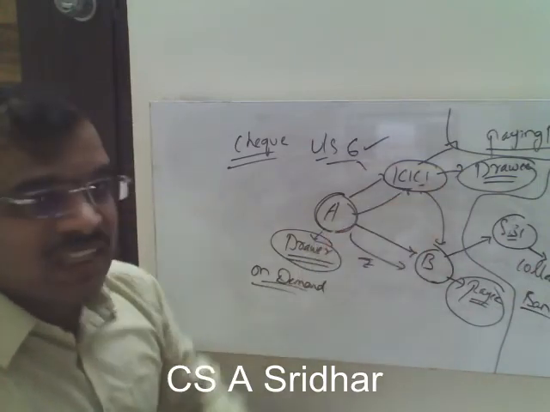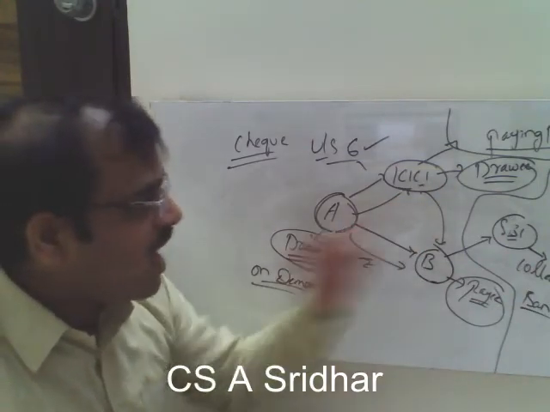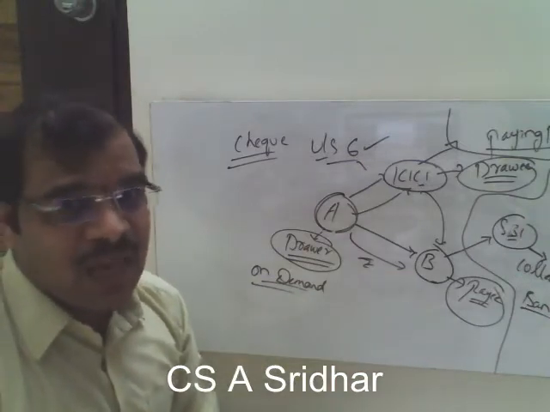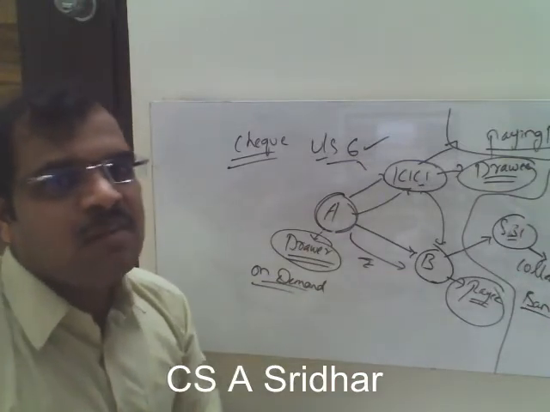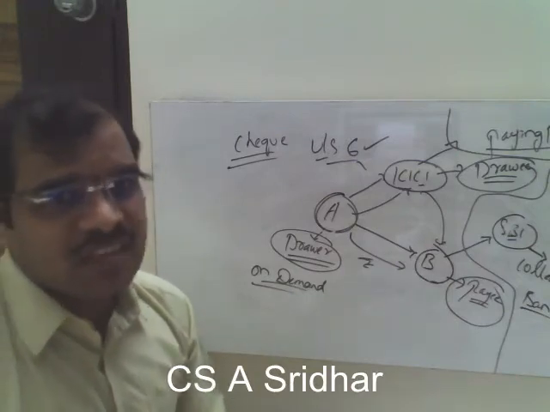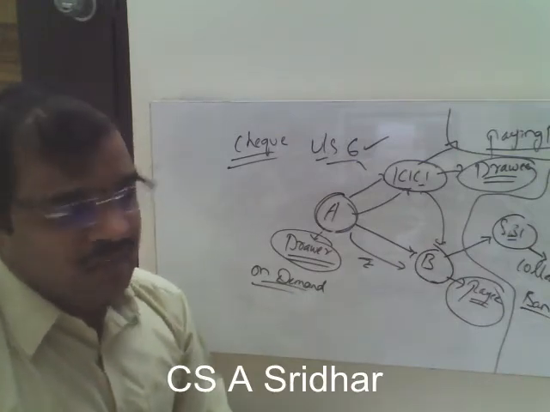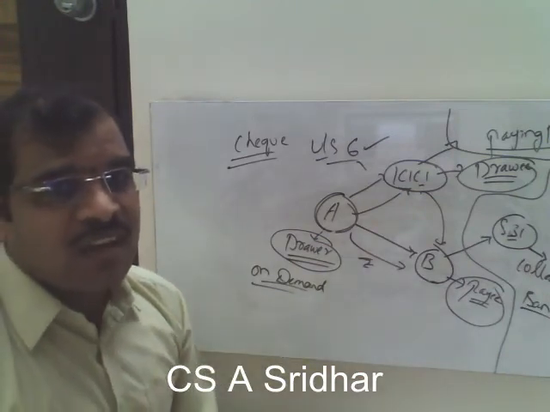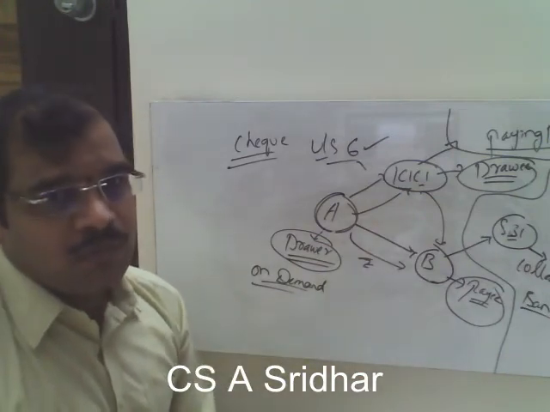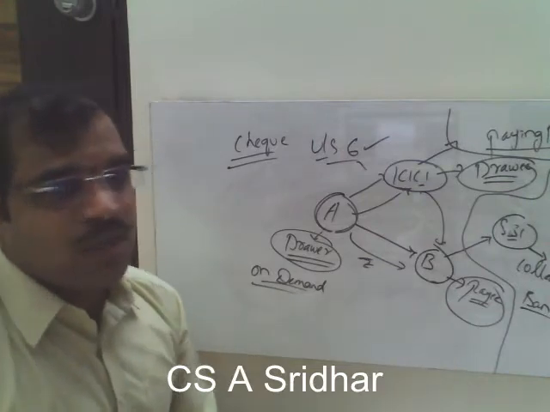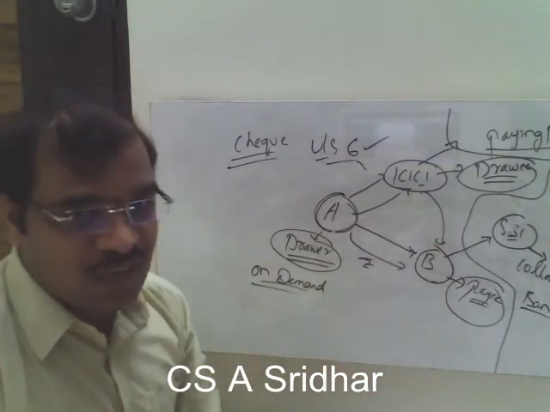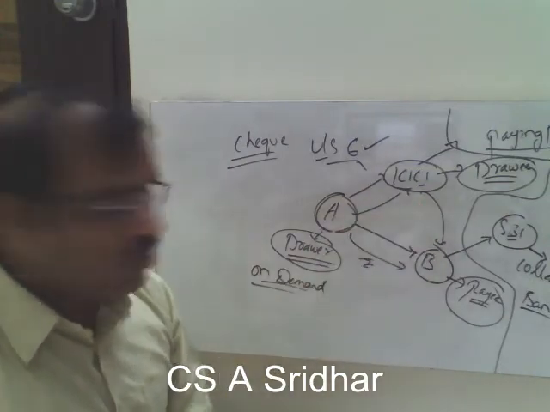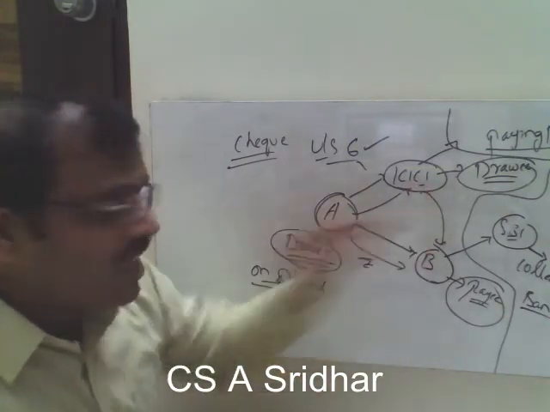When B is submitting the instrument to ICICI Bank, automatically ICICI Bank will make the payment, subject to the condition that I am having sufficient balance. So when I am having the sufficient balance, ICICI Bank will make the payment. ICICI Bank will not come to the B's home and make the payment to B. That is not possible. So that means B has to make the demand. So it is always payable on demand.